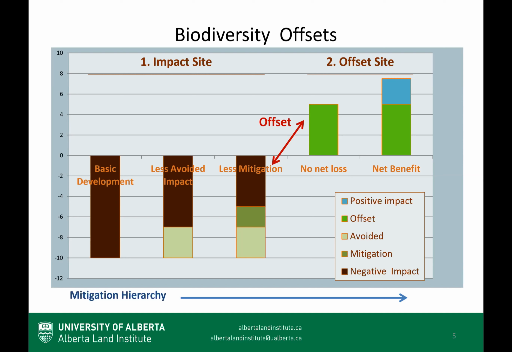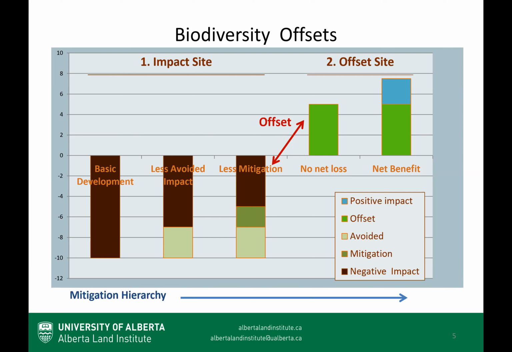Once all reasonable measures have been taken to avoid impacts, our next level of expectation, shown on the third bar, is that those impacts which remain will be minimized or mitigated to the fullest extent possible.